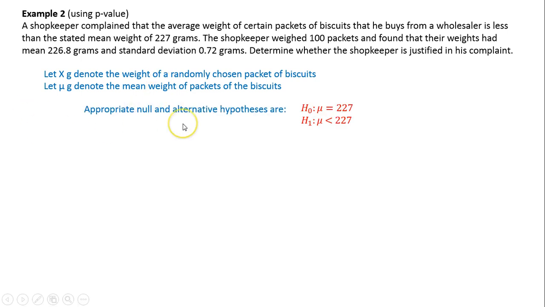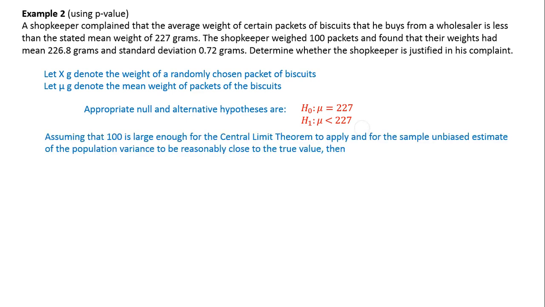So an appropriate null and alternative hypothesis are that mu is equal to 227 grams, there's been no change, against H1, that mu is less than 227, that there is a change.